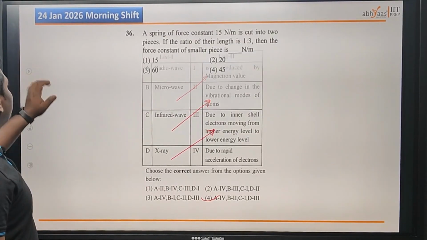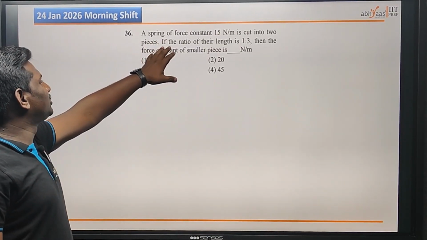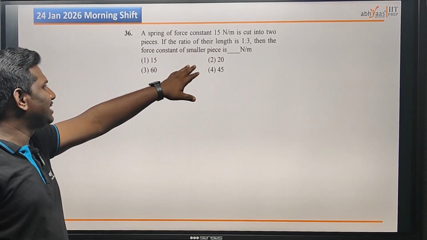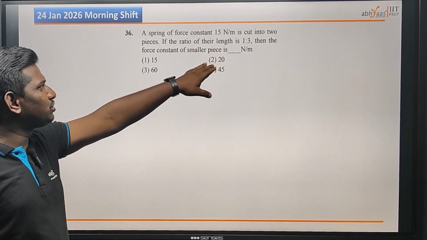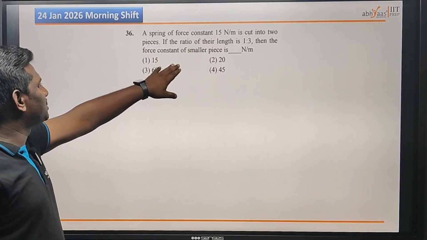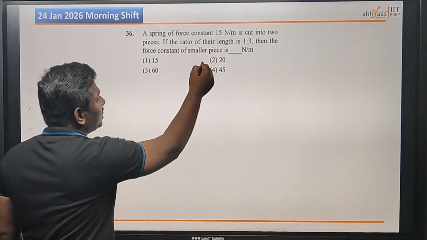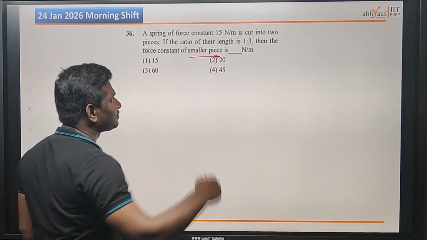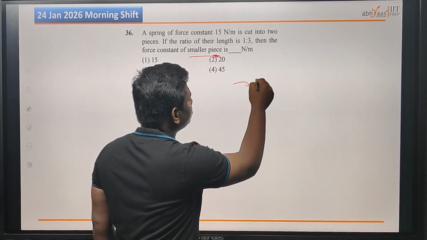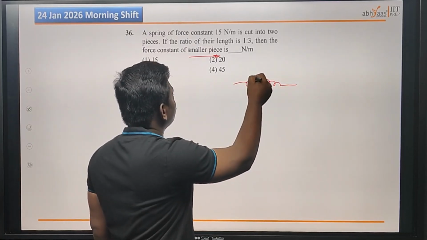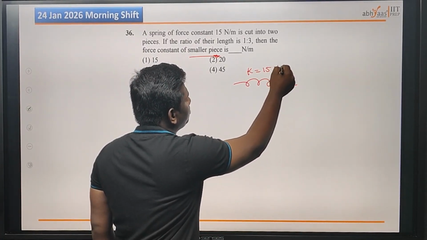So next question, see here. A spring of force constant 15 Newton per meter is cut into two pieces. If the ratio of their lengths is 1:3, then the force constant of the smaller piece. What are they asking? Force constant of the smaller piece. So see, this is our one spring having force constant K, that is 15 Newton per meter.